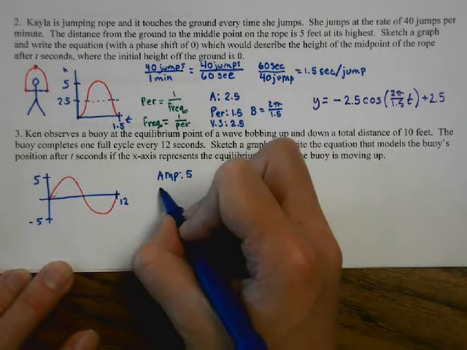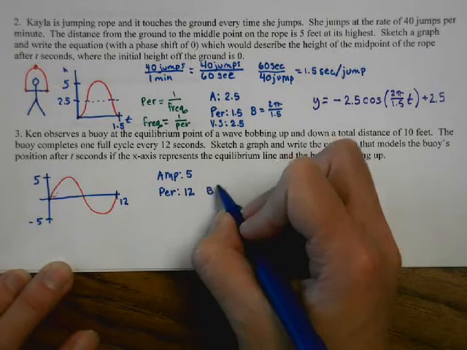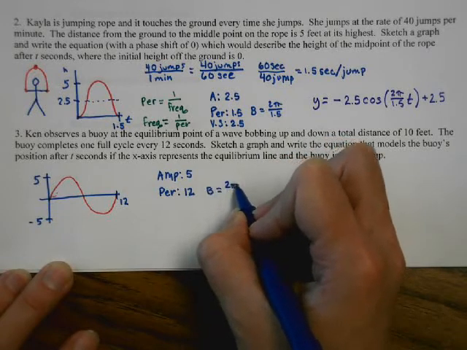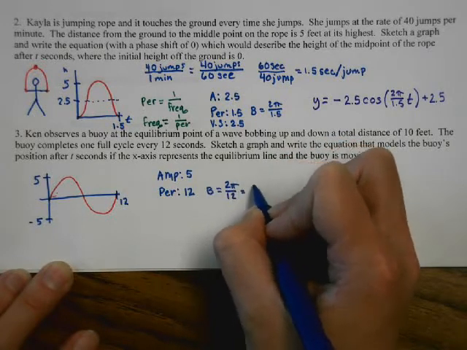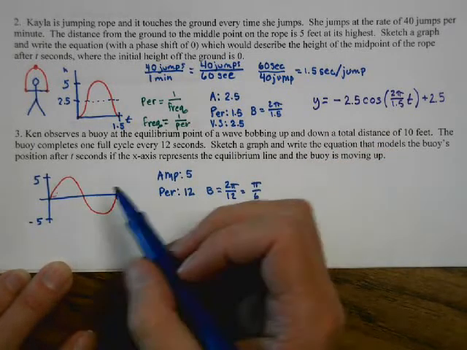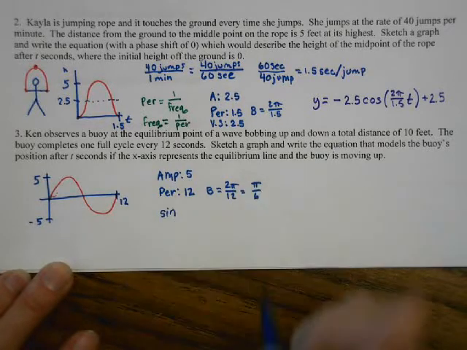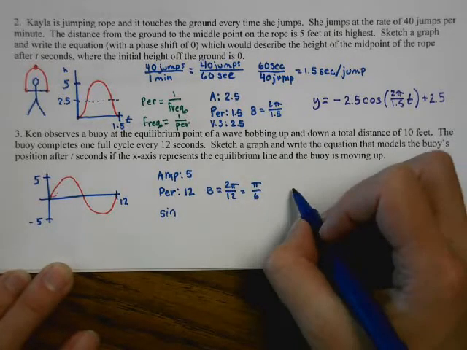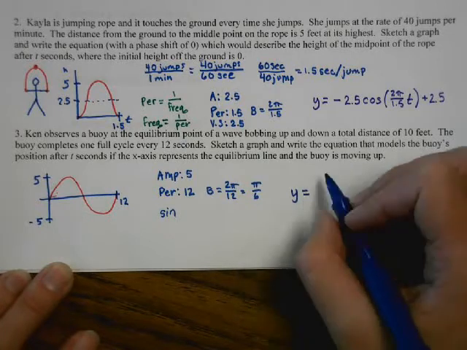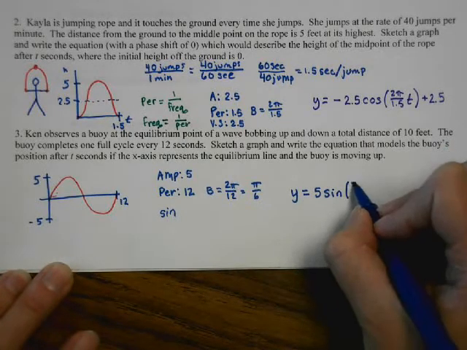My period is 12, which means my B is going to be 2 pi divided by 12, or pi over 6. We don't have a vertical shift or a phase shift here if we use a sine curve. So this equation is going to be y equals 5 sine pi over 6 times t.